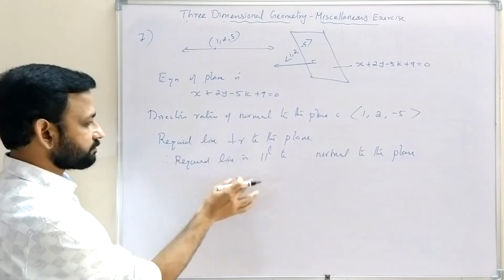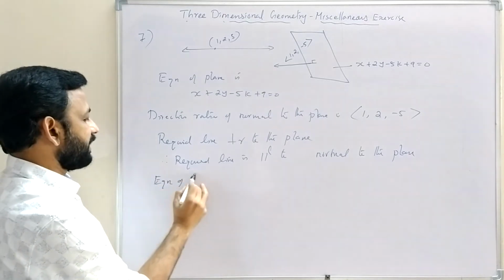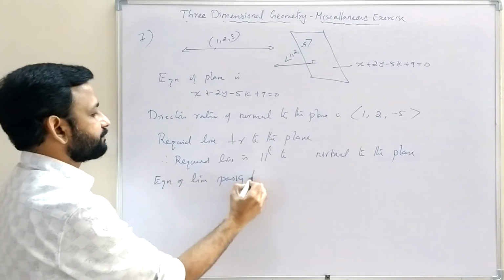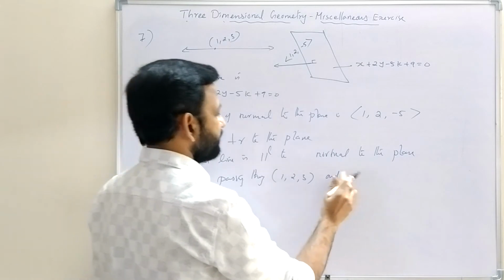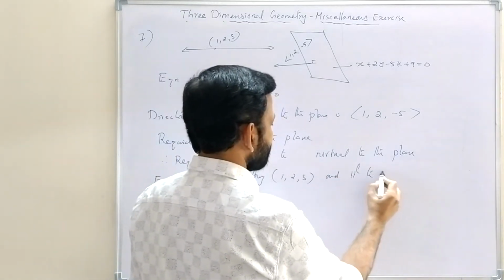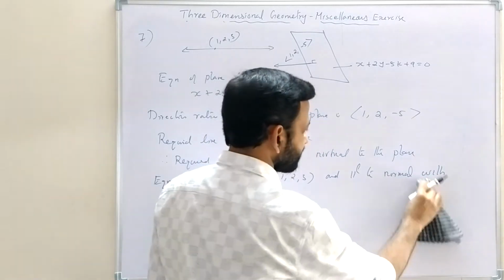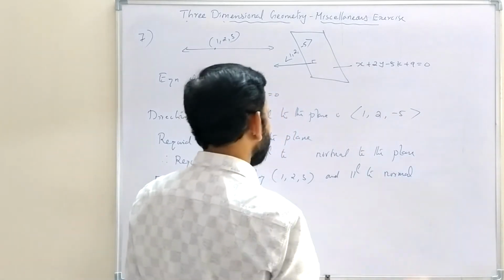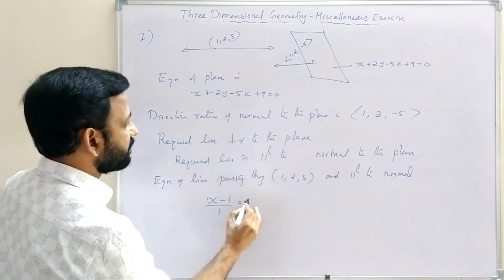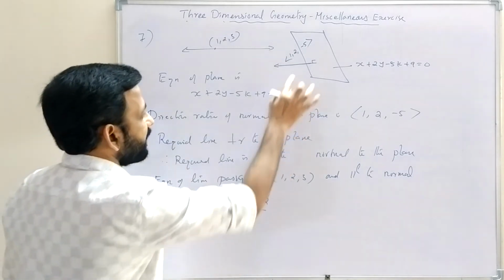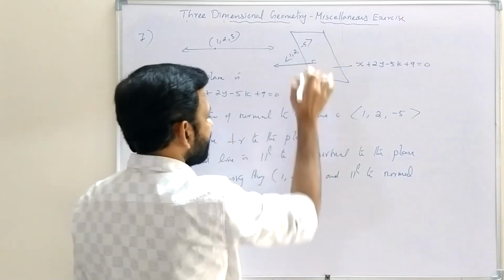So the equation of the line passing through 1, 2, 3 and parallel to the normal is (x minus 1) divided by 1 equal to (y minus 2) divided by 2 equal to (z minus 3) divided by minus 5.